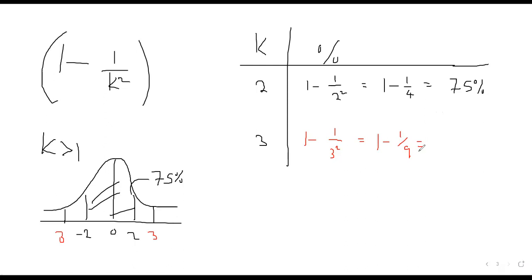What are we going to get? 8 over 9, which is equivalent to what? 8 divided by 9 will be 88 point what? 88%. So the area from here up to there is about 88.9%.